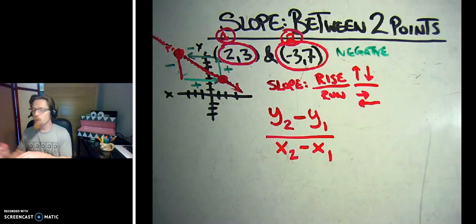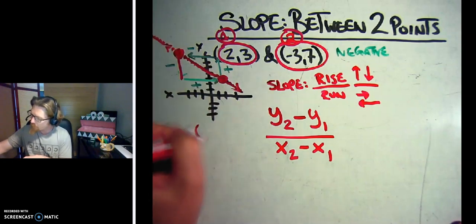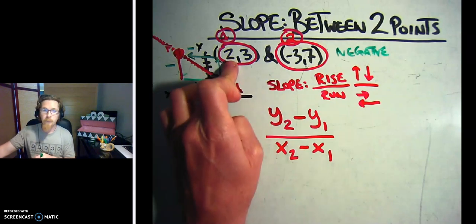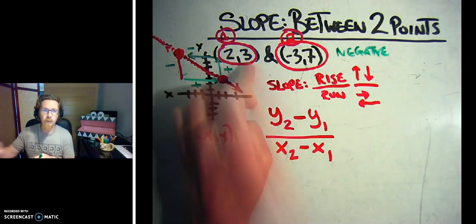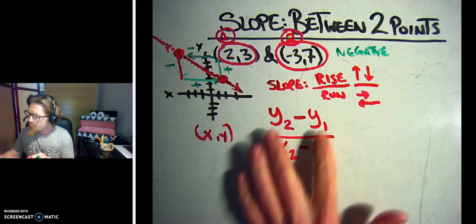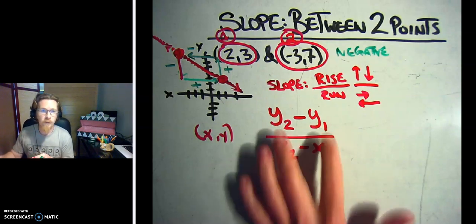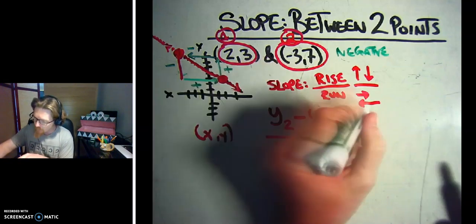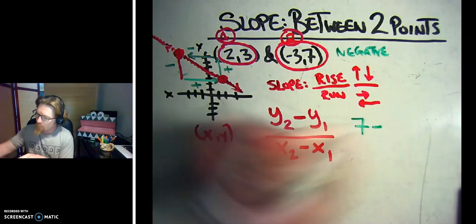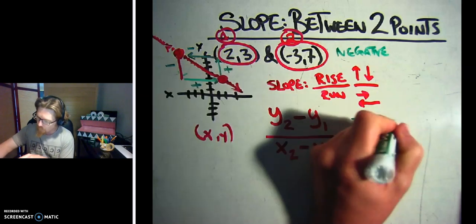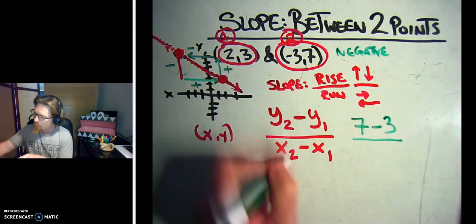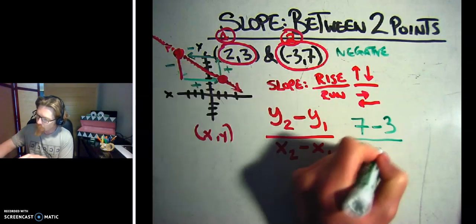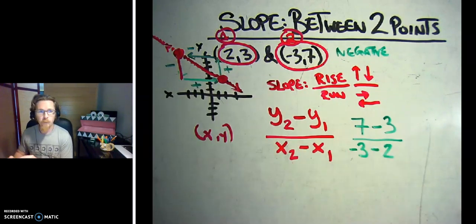Now we know that an ordered pair is always written as an x, y. So the first number is an x, the second number is a y. And so to put these in, we'll call this the slope formula. I get y2, that's my 7, minus y1, that's the 3, over x2, that's the -3, minus x1, that's the 2.